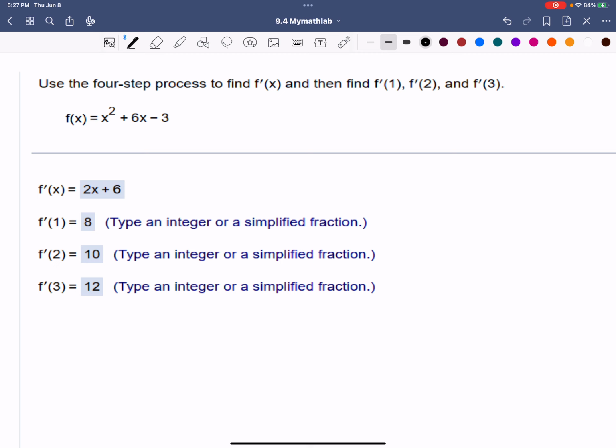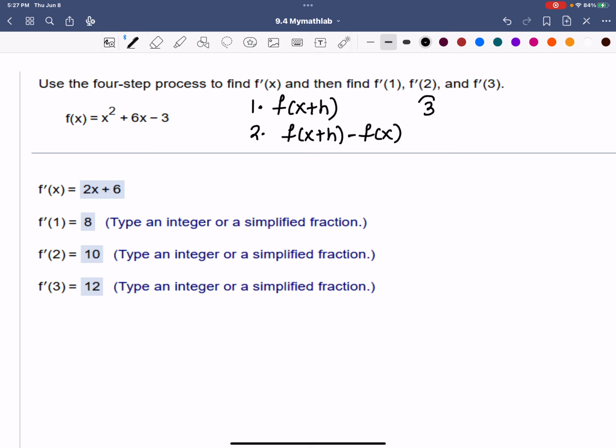In the 4-step process, the first step is to find f of x plus h. Your second step is to subtract your f of x from your f of x plus h.